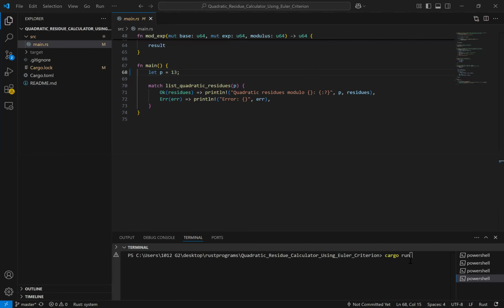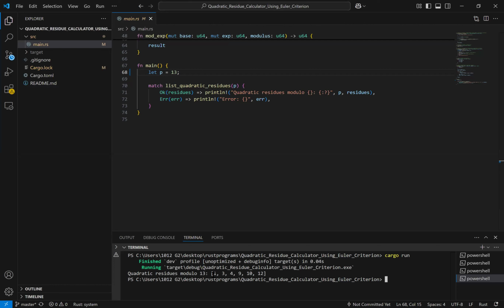Those are numbers that have square roots mod 13, but we want those that have no square roots. The ones that have square roots mod 13 are 2, 3, 4, 5, 10, and 12.